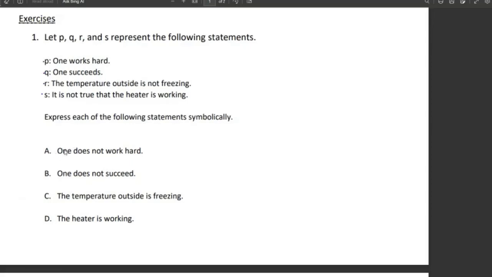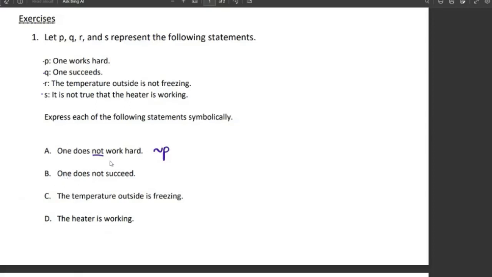So we know that we're going to be using P in this statement. But our original P is that 1 works hard, and A says 1 does not work hard. So we have a negation. Anytime it's a negative from what we start with, we're going to use that little twiddle symbol or squiggly symbol. Okay, and it always goes before the letter.